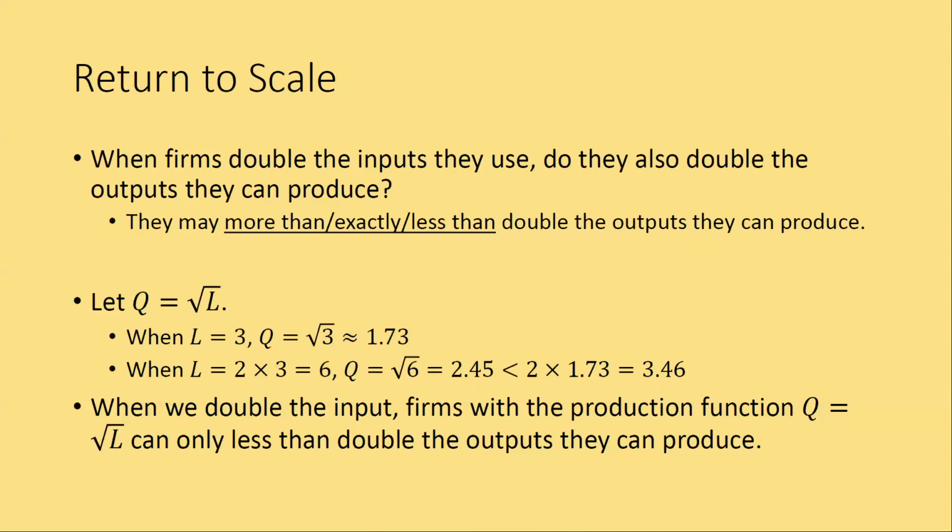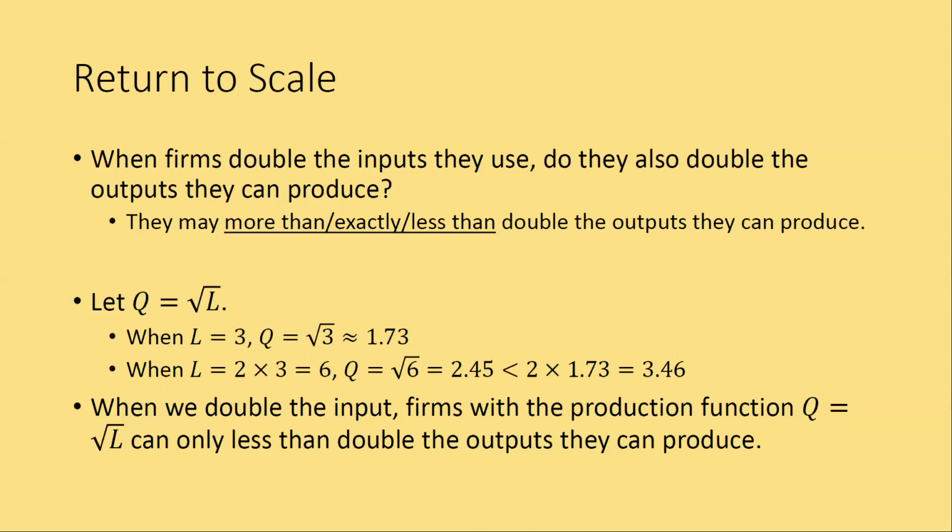Suppose that we double the inputs that the firm uses, so the firm is now employing 6 units of labor. Substituting this into our production function, we realize that the firm can produce Q equals the square root of 6, which is approximately 2.45, and 2.45 is smaller than 2 times 1.73, that is 3.46, right?